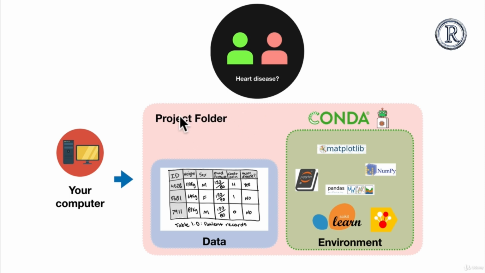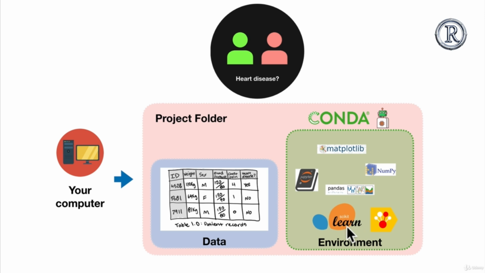You might create just a separate folder, maybe on the desktop or something like that. And then within that one single folder, you keep everything that you're going to use with that project, such as the data. Remember, the patient records could be the data, and the Conda environment, these are all the tools you're going to be working with to find insights on that data to try and predict heart disease. Conda is what you use to create this environment, install and update the tools that you need.